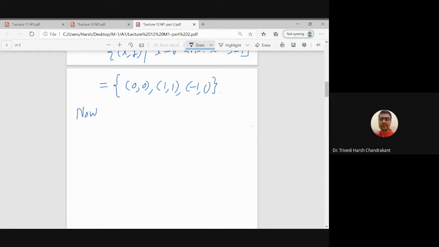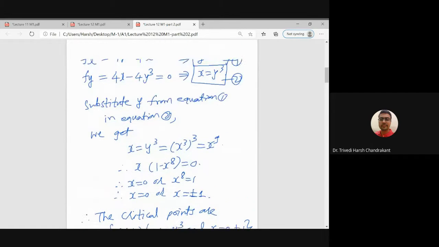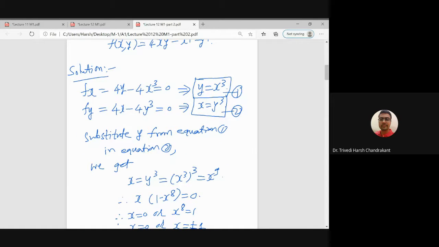So now, what was fx? fx was 4y minus 4x cube. If we differentiate with respect to y by taking x constant, we get fxy equals 4.